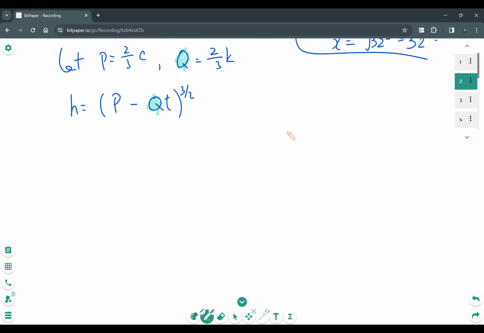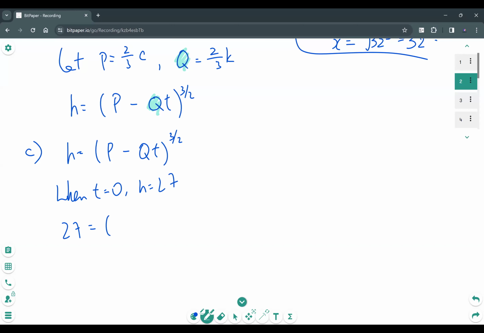So, part C. H equals, let me rewrite that. It's just right above me. So when t is 0, h equals 27. So sub it in. 27 equals p minus 0q to the power of 3 over 2.